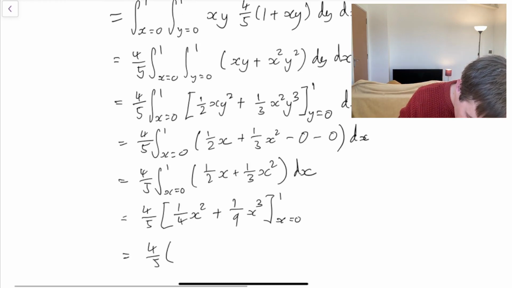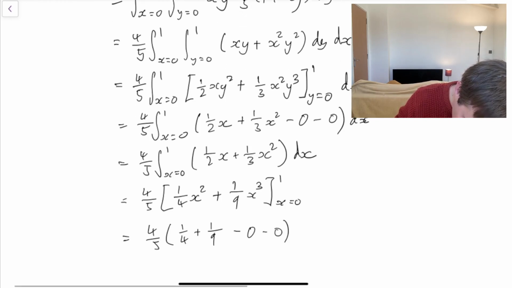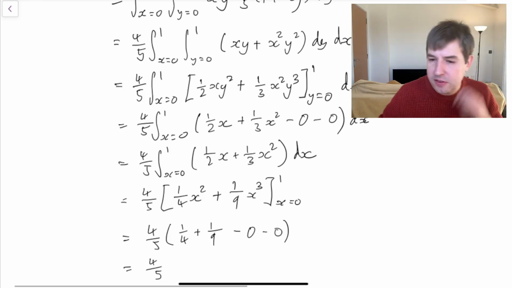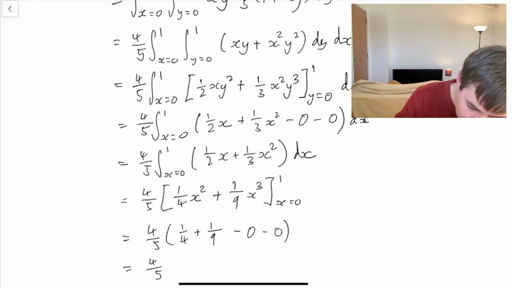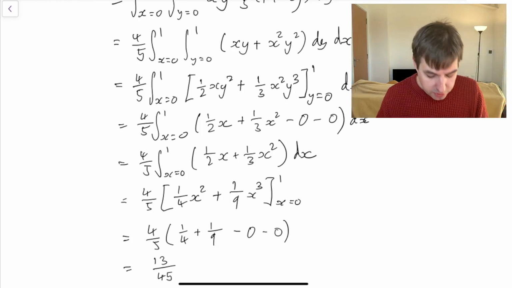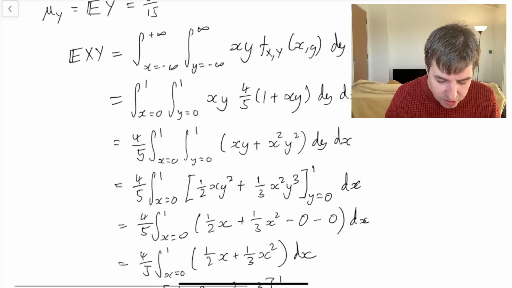At x equals 1, that's a quarter plus 1/9, and at x equals 0, that's 0 and 0, giving me 4/5 times a quarter plus 1/9. That comes to 13/45. So that's the expected value of xy.